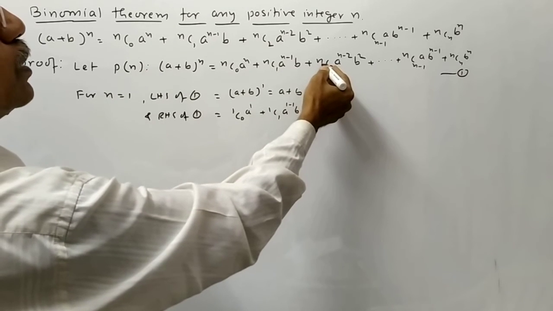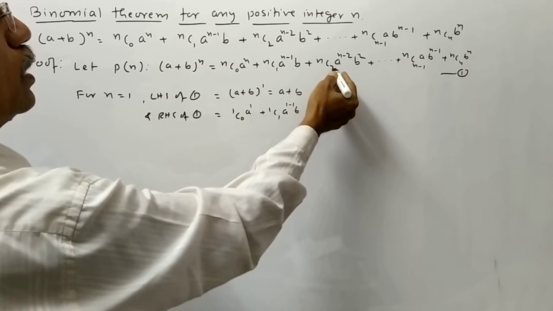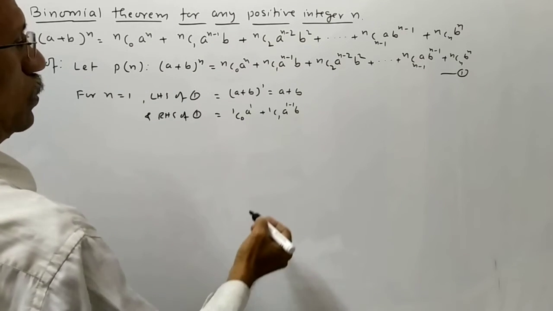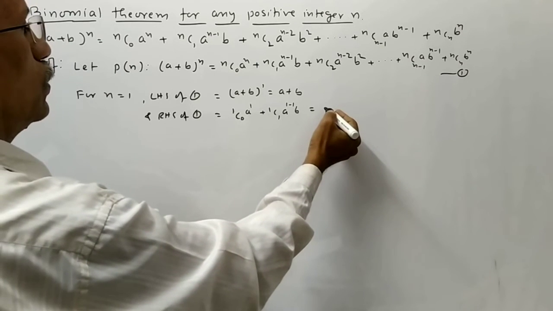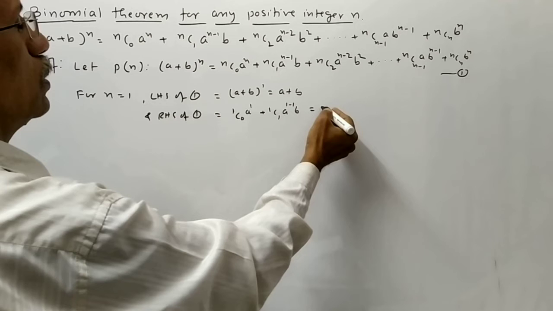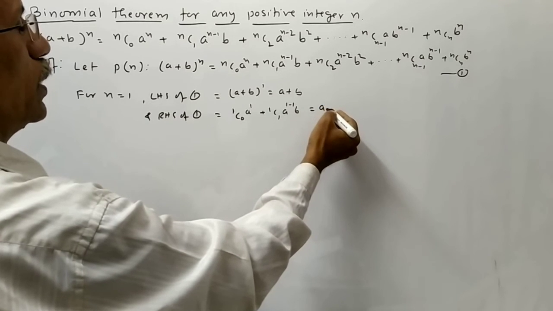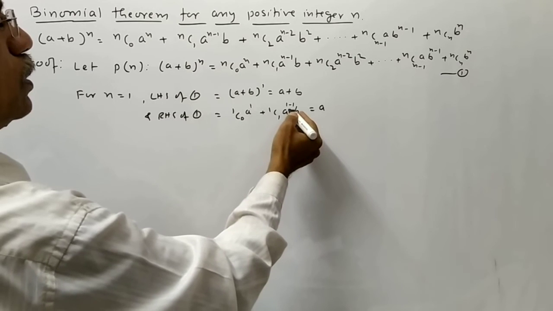For the next terms, we cannot take n less than 2. So, 1C0 is equal to 1 into a, which means we will get a. 1C1 is equal to 1.